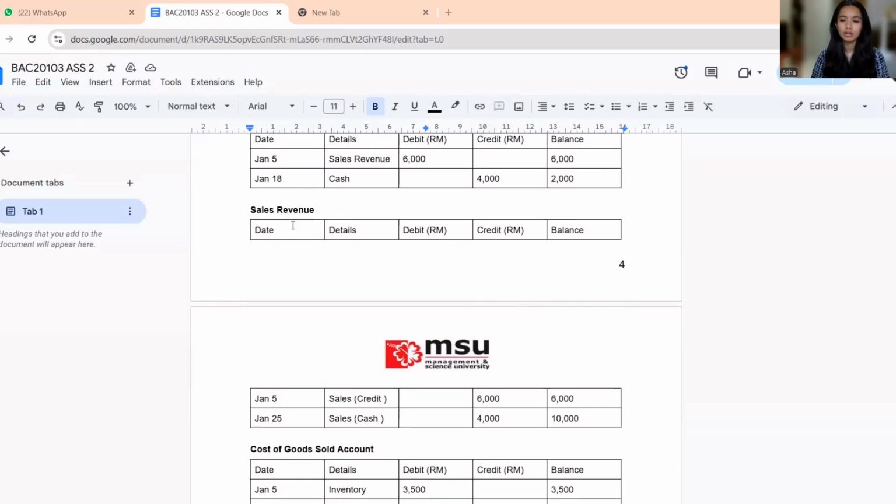Let's move on to sales revenue. January 5th, sales on the credit side is 6,000 and the balance is 6,000 ringgit. On the 25th of January, sales cash, on the credit side, 4,000 and the balance is 10,000 ringgit.